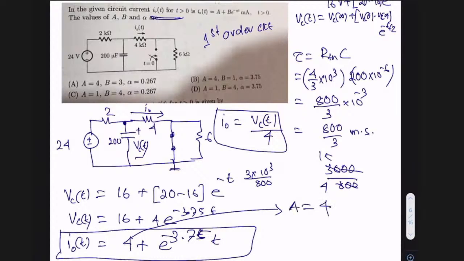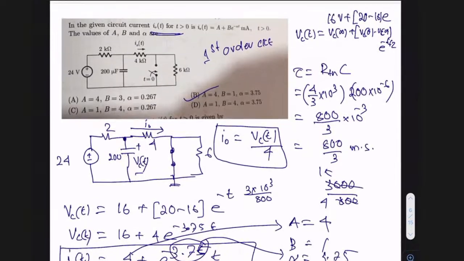What is B? B is 1, because the multiplying factor of the exponential is 1. And what is alpha? Alpha is 3.75. So 4, 1 and 3.75 is the right answer, which is given in option B. So B is the right answer for this question.